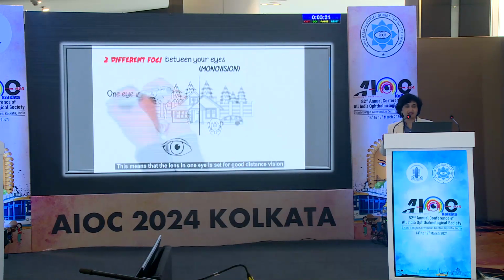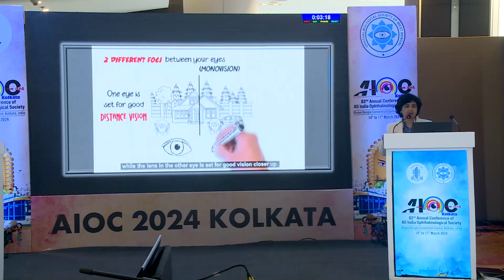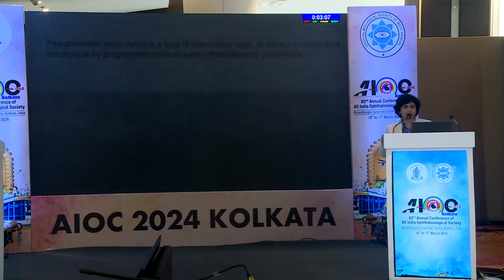As you see, with one eye you are focusing on the trees and the bungalows, and with the other, for near vision, you are focusing on the child, so together you get a crisp vision with both your eyes.